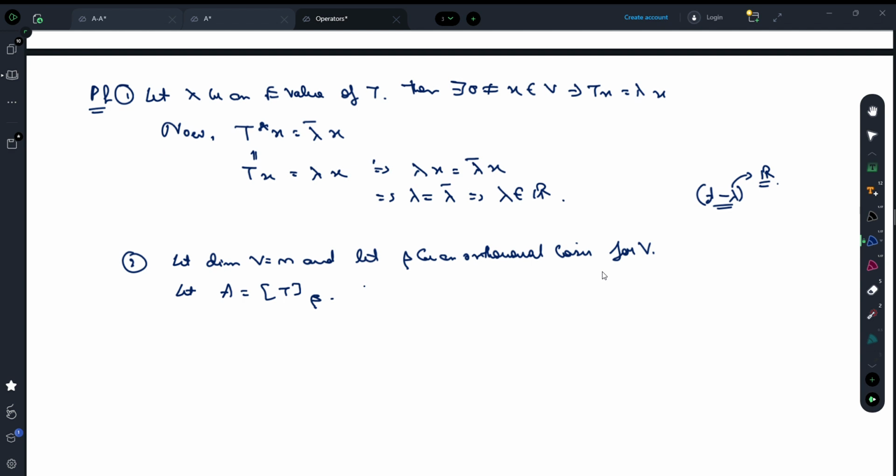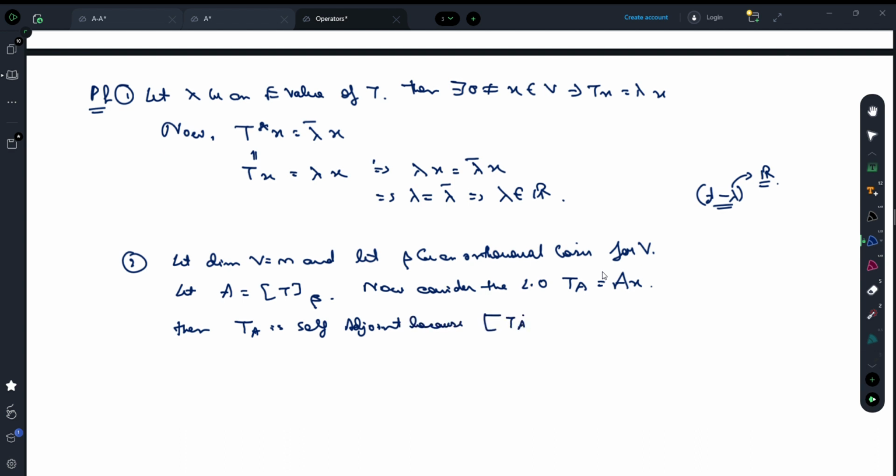Now consider the linear operator TA given by TA x equals Ax. Then TA is self-adjoint, right? Why is it so? Because it is fairly obvious that the matrix of TA with respect to gamma is just A, where gamma is the standard ordered basis over Fn.